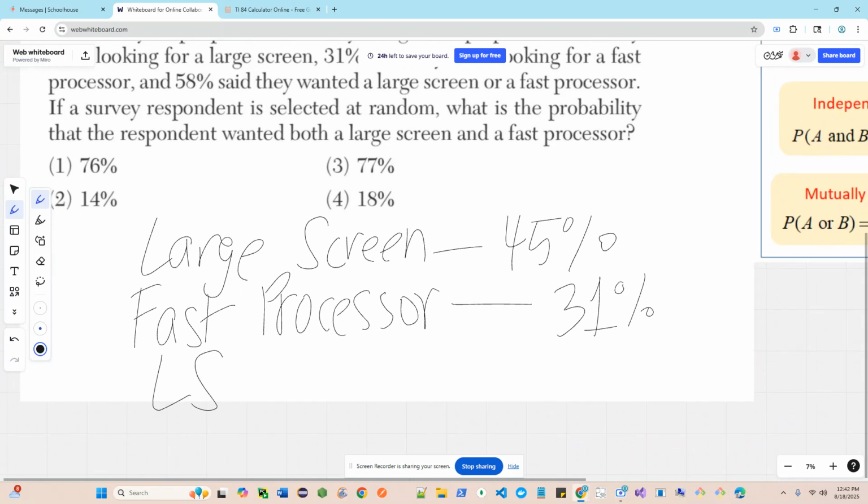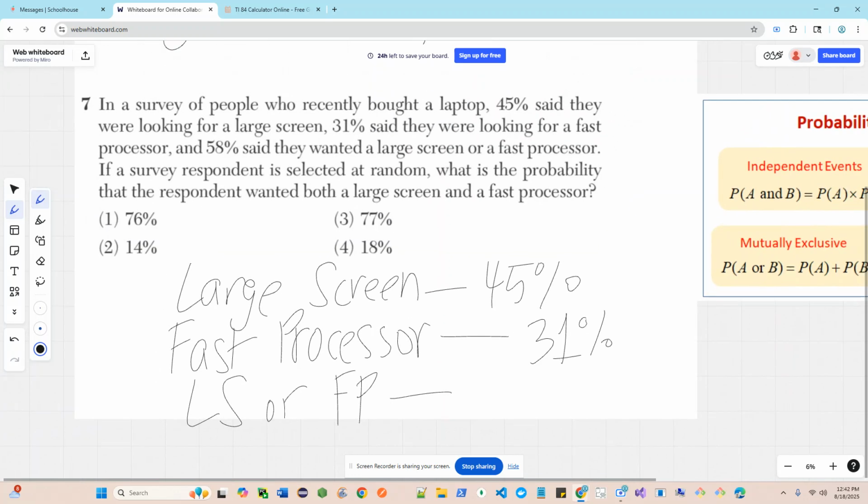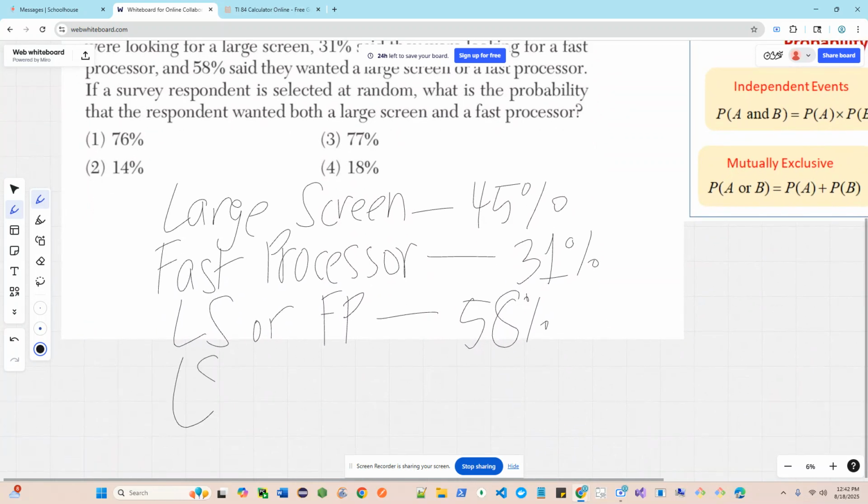So large screen or fast processor is 58%. The question is, who wants a large screen and a fast processor? Large screen and fast processor.